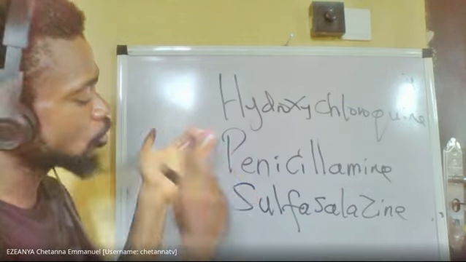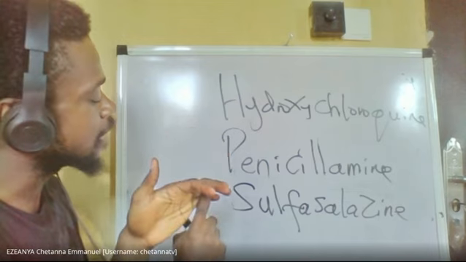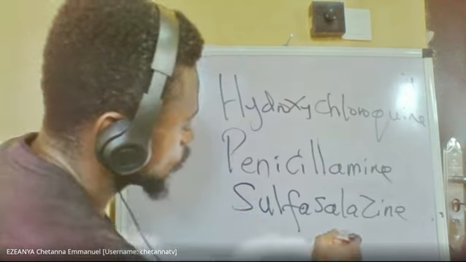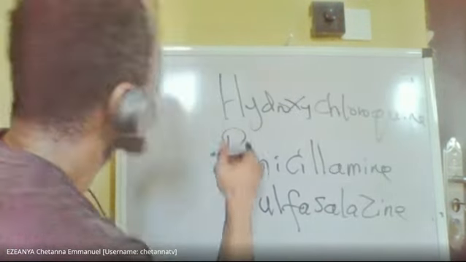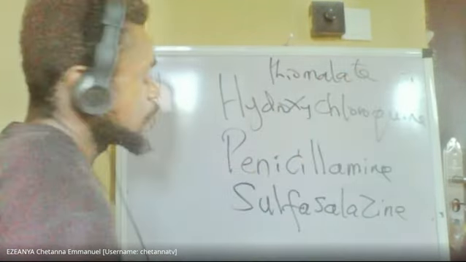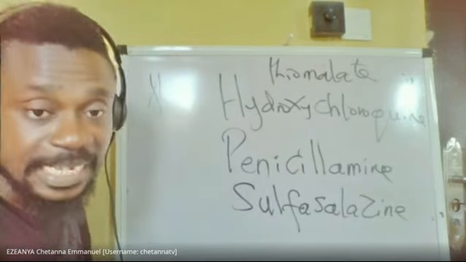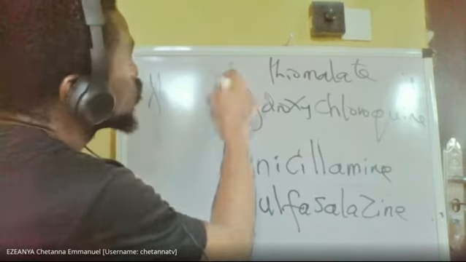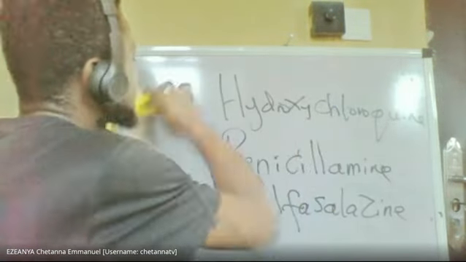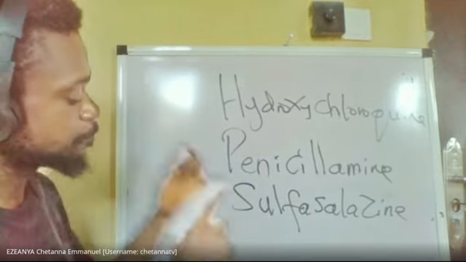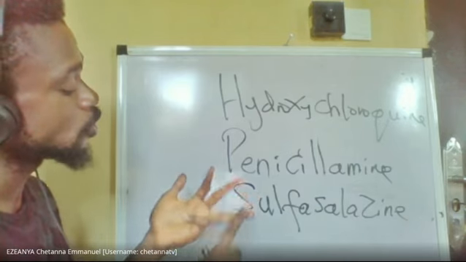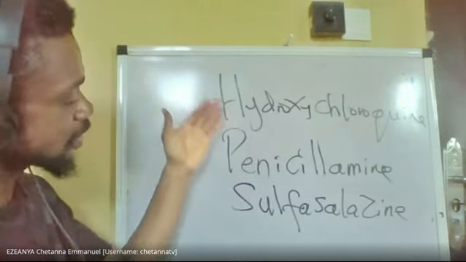So we have methotrexate, gold compounds, and under gold compounds, auranofin and gold sodium thiomalate.